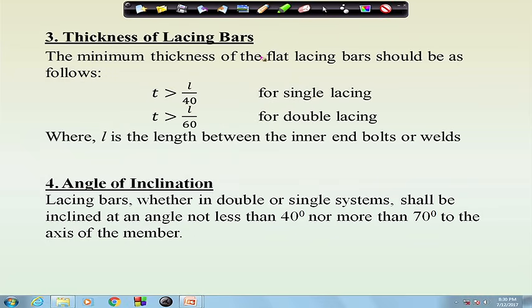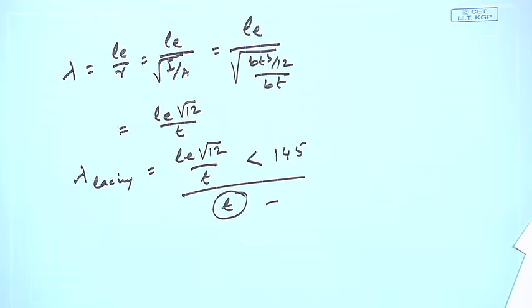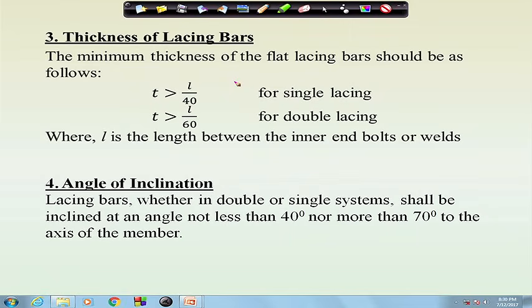Then coming to thickness. Thickness, either we can find out from the slenderness ratio value, or at the beginning we can find out the thickness from this criteria and we can check for slenderness ratio. In case of single lacing, it is suggested that T should be greater than or equal to L by 40, and for double lacing T should be greater than L by 60, where L is the length between the inner end bolts.